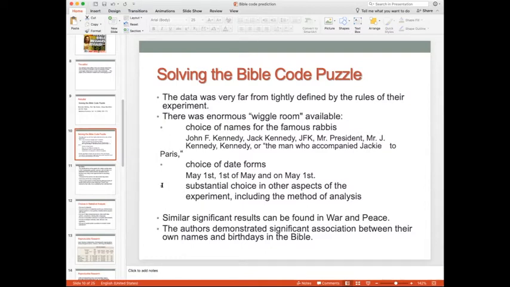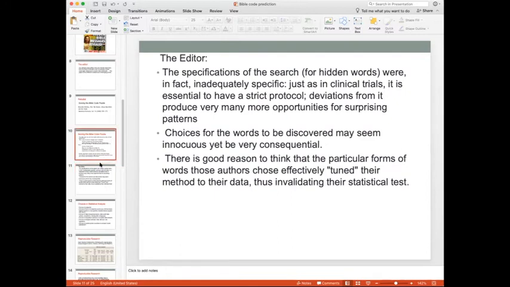Okay, and so the editors said that the specifications of the search of hidden words were in fact inadequately specific. Just as in clinical trials, it is essential to have a strict protocol, and deviation from it produces many more opportunities for surprise patterns.